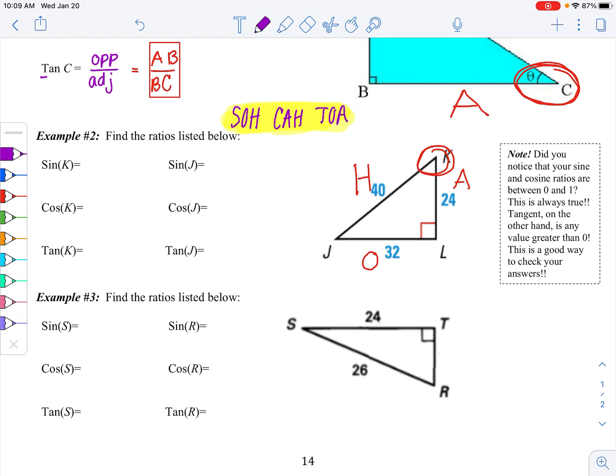Sine is the S at the beginning, means O over H. Opposite over hypotenuse. Looking at my picture, the side that is O is 32. The hypotenuse is 40. Make sure you simplify this. You always want the simple fraction, which turns out to be 4/5.